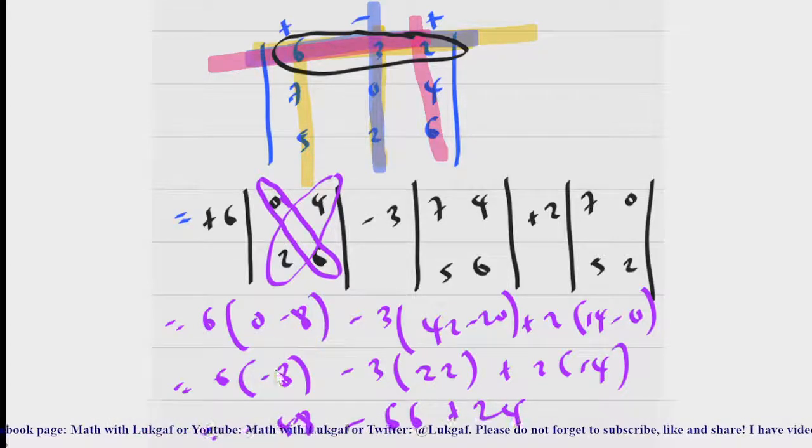So 6 into minus 8, minus 3 into 42 minus 20 will give me 22. Then plus 2 into, yeah, I made a mistake here. This should be 28. 14 times 2 is 28. So then minus 28, that's going to give me minus 86. I hope you understand.